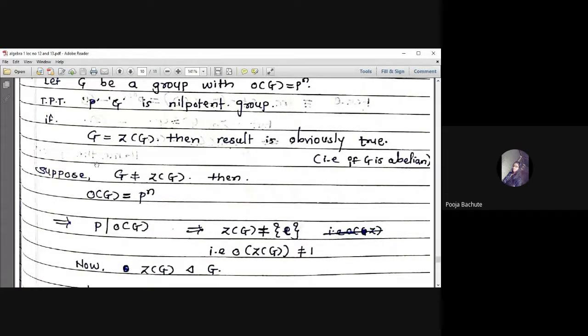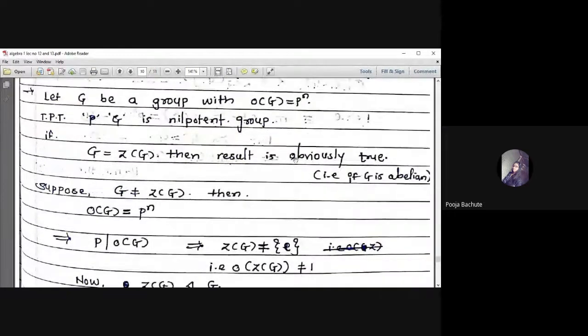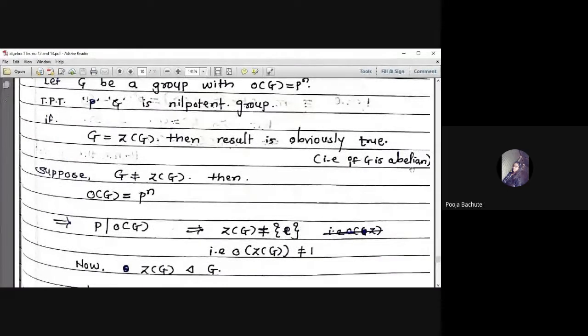Z(G) is equal to the whole G. If the group is abelian, then the center of G is equal to G. So we can write G is equal to Z(G). Suppose G is equal to Z(G), then the result is obviously true. Why? Because G is abelian.